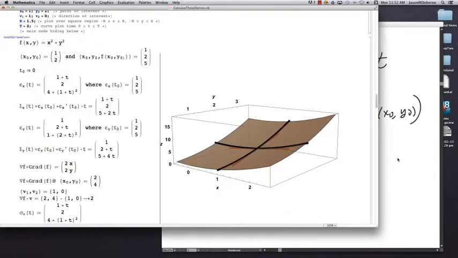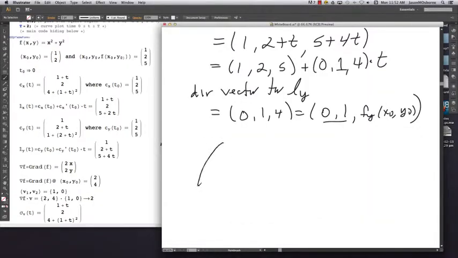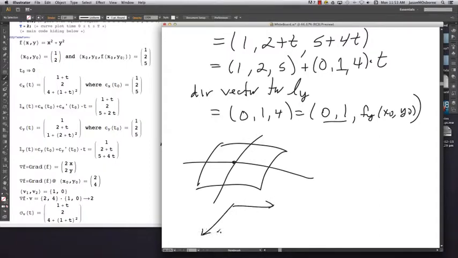Okay. So if I were to just do a sketch of that, curve in the x direction, curve in the y direction. Let me just draw my axes down here, x and y. So here's c sub x. This would be c sub y. And you've got tangent lines at these points.